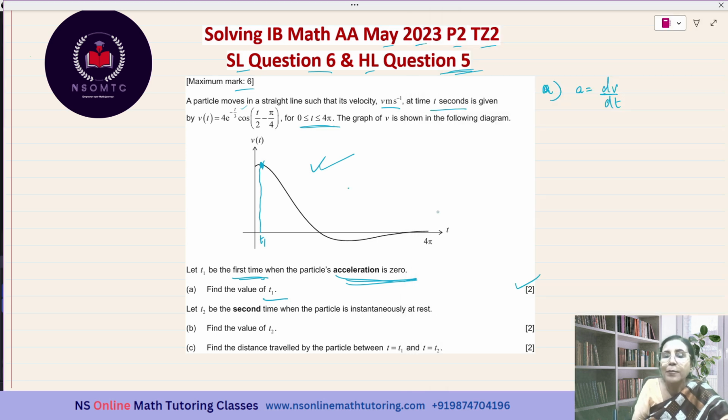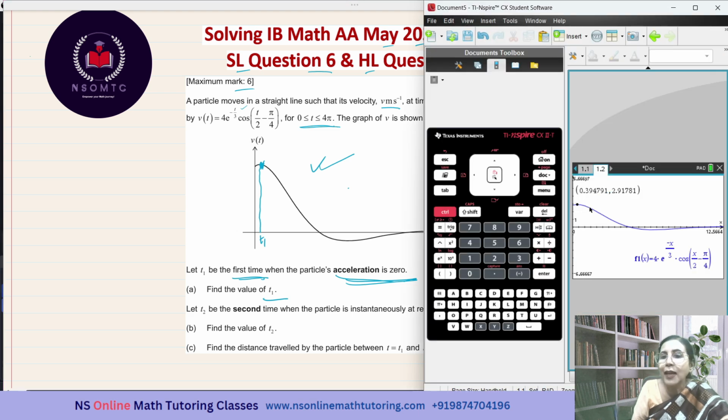But in case you are not sure of this, that when it is the maximum of a graph, the first derivative of that function graph at that point is equal to 0, you should be knowing that. But in case you do not remember that, what do you do? You can take another expression, and you will be just taking the derivative of v to graph the acceleration, to get the acceleration graph.